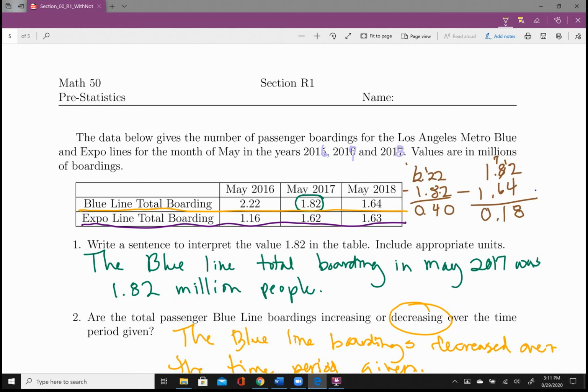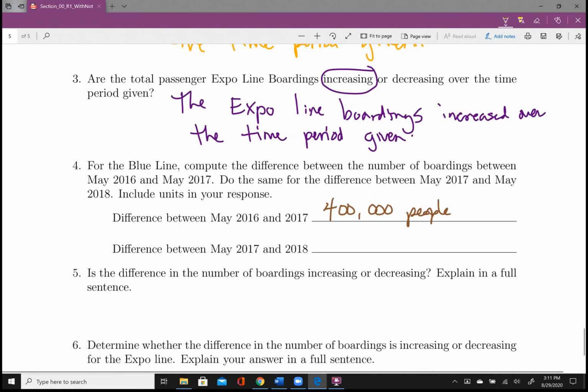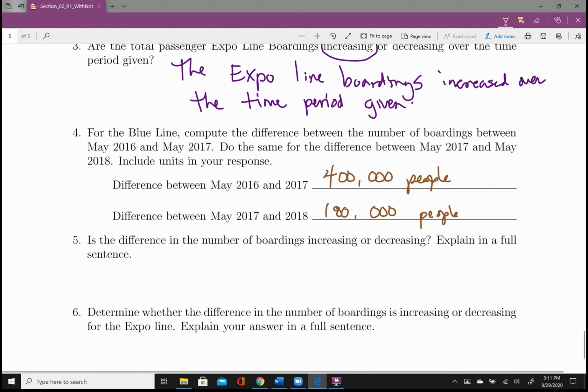Okay, so 0.18 times a million, that'll be 180,000 people. Cool, cool, cool. In number 5, we'll reference these numbers, and the question is, is the difference in the number of boardings increasing or decreasing? Explain in a full sentence.